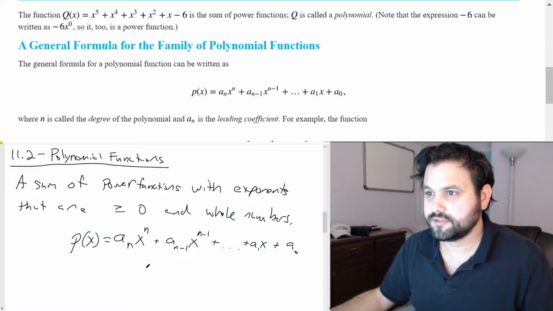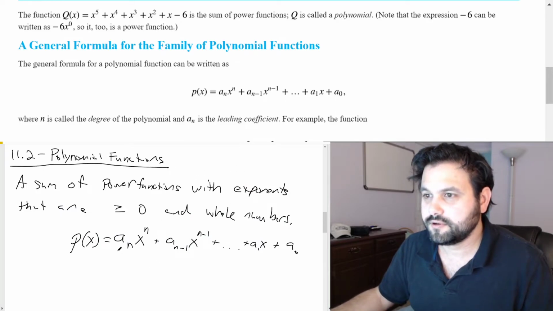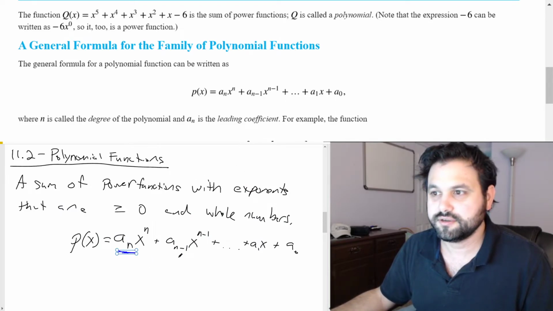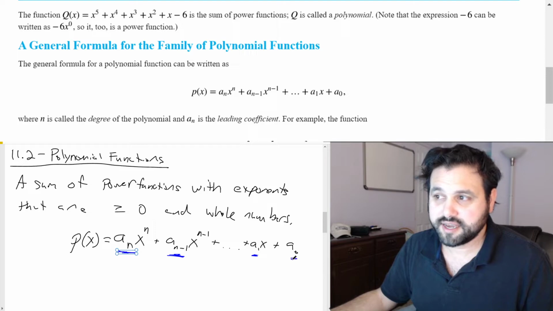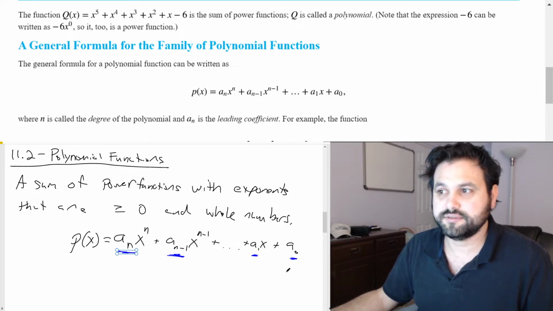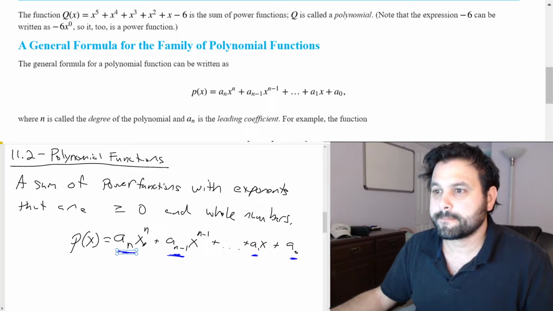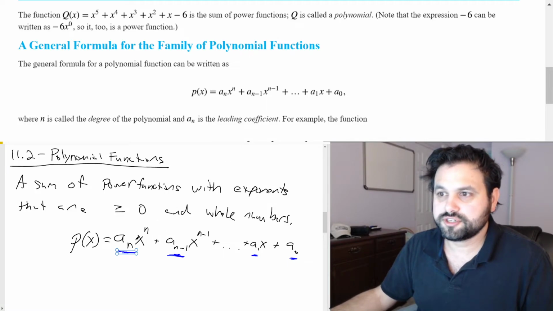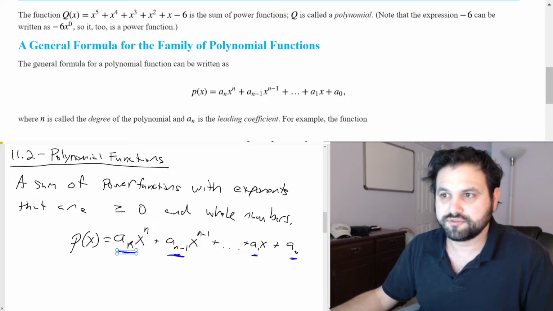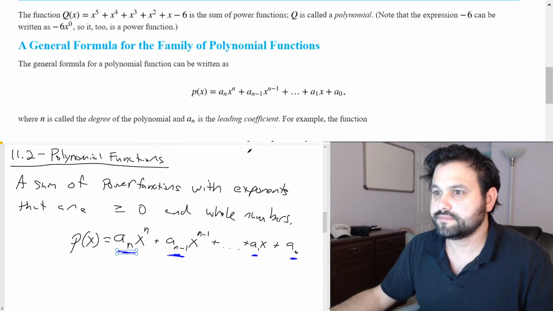Okay, interesting. So this is just a coefficient. This is just a coefficient. That is just a coefficient. This is technically just a coefficient. It's a constant term. Okay? So if you look at these separately, they're all just power functions with three parts: the coefficient, the x, and the exponent.